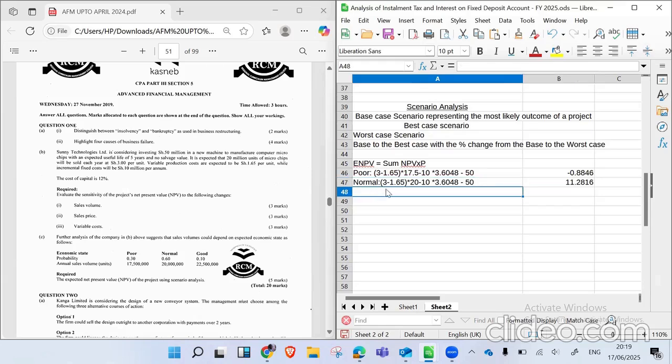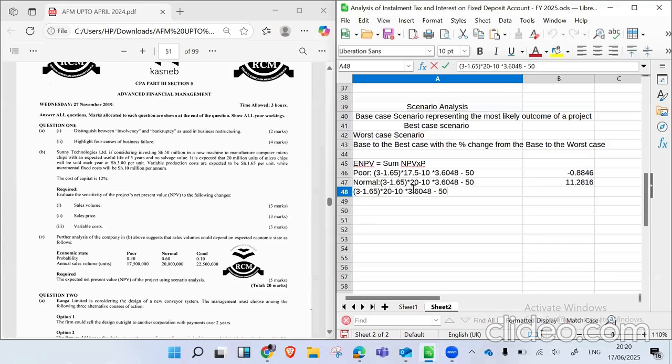Then we have the last one, which is under good condition. So under that, our quantity is now 22.5.